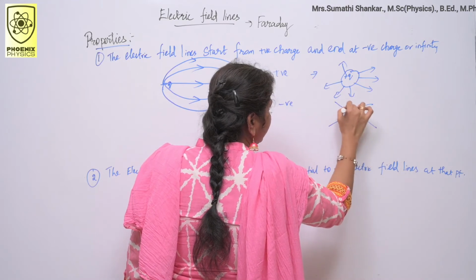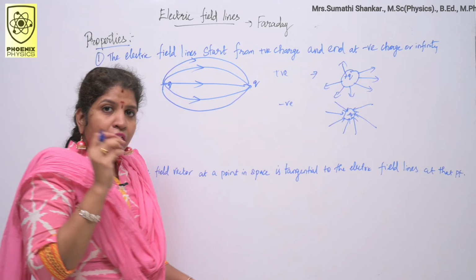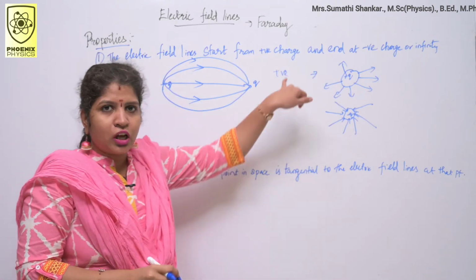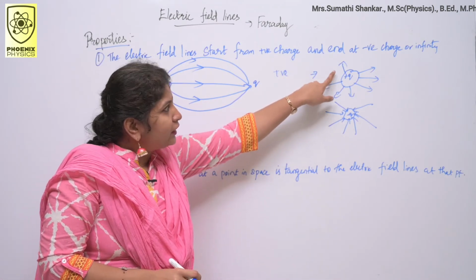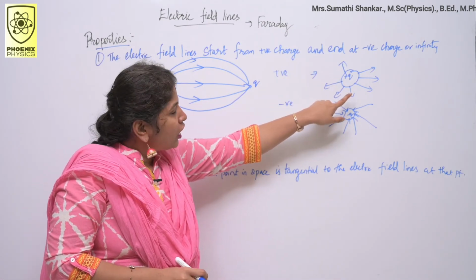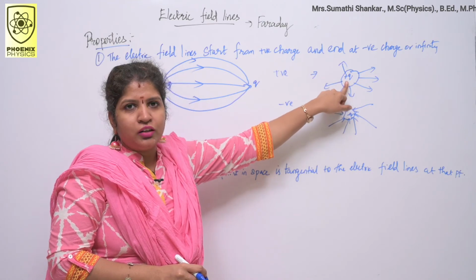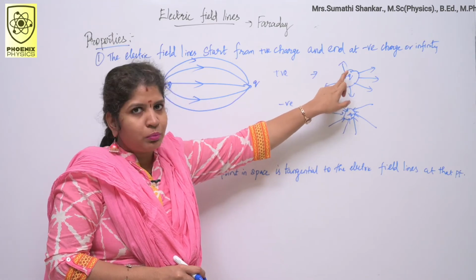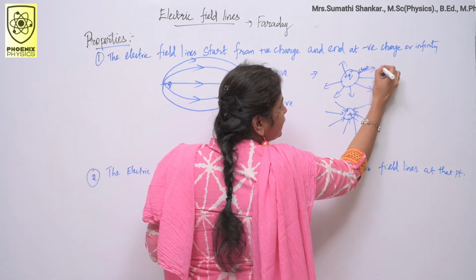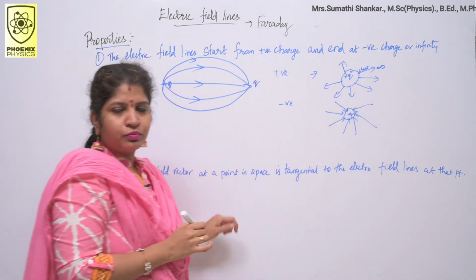Or we can say for an isolated positive charge, electric field lines start from the charge, here which charge? Positive charge, and end at infinity.